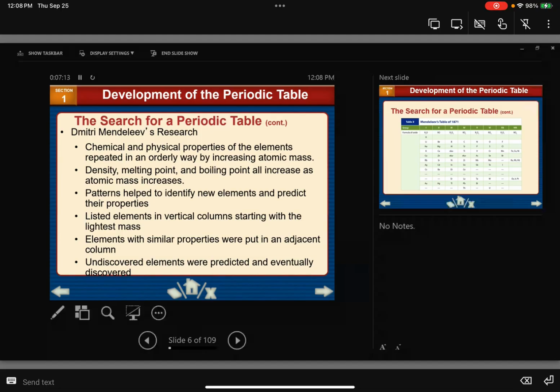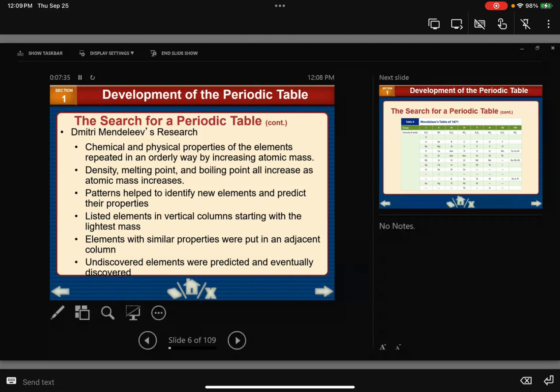He was also able to use some of that information in order to identify new elements and predict what their properties would be. Germanium was one of them that he did. It doesn't talk about it in here that I can see.